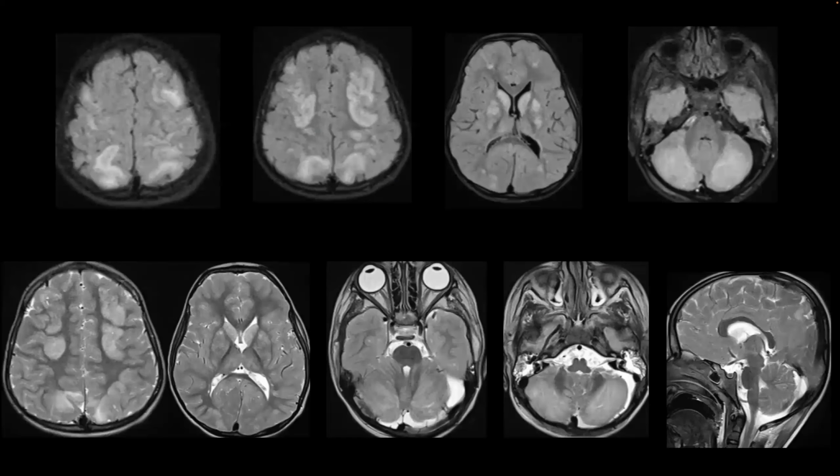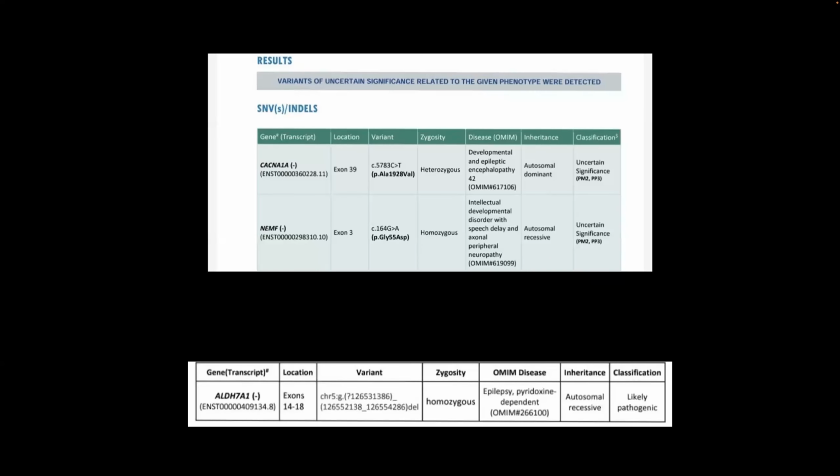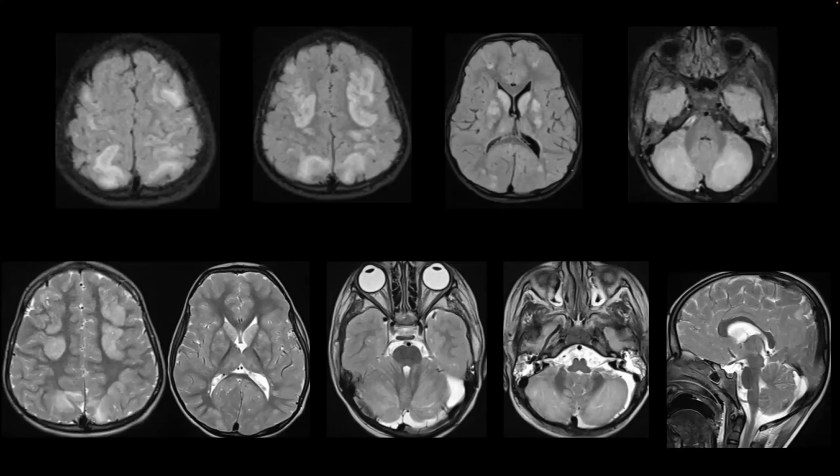I'm not sure if anyone has any experience of the gene and the clinical and imaging aspects. I can confirm this MRI is not in keeping with pyridoxine-dependent epilepsy.